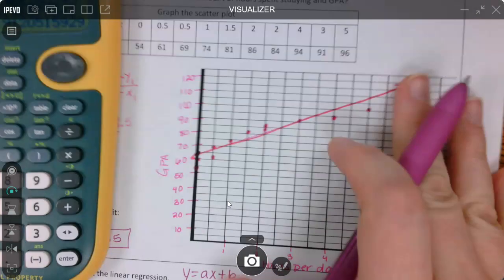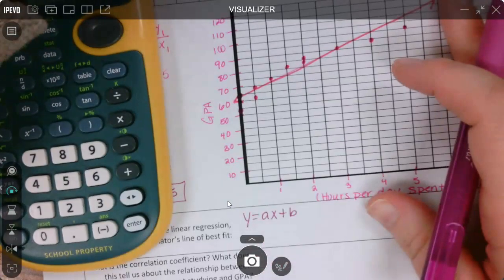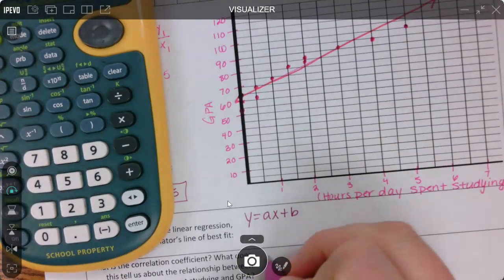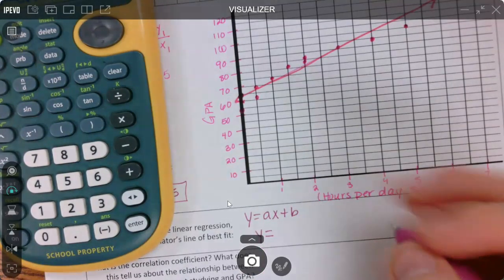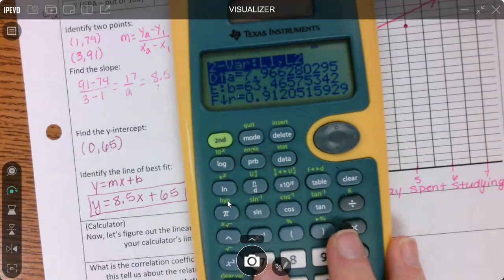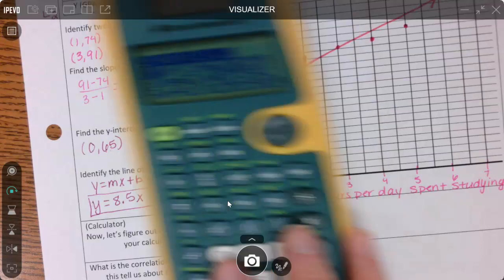So for our equation, we use the A and the B in the calculator and just round to 2 decimal places. So y equals, it says A is 7.966, so we're going to round that. We're going to say that's 7.97.